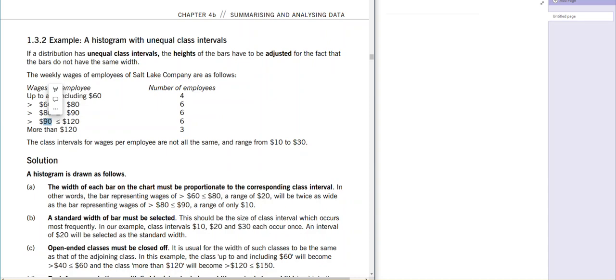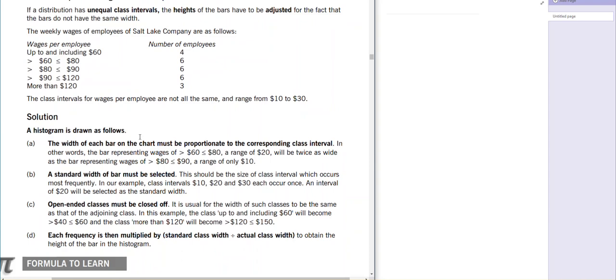It could be 10, 20, or 30, but 20 comes in the middle of 10 and 30, so 20 would be a good width. If anything repeats more than once, we would select that as the standard width. But in this example, no range repeats, so we would select 20 as our common width.